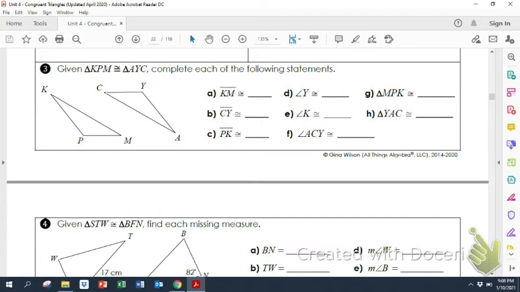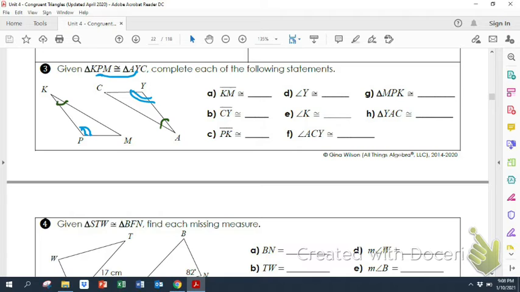So what I'm going to do is go ahead. You don't have to do this if you know to just look and see how the letters rearrange, but if you want, you could go ahead and determine the congruency and label it as such. So I know that angle K is congruent to angle A, and I know that angle P, I'm going to give it 2 lines, angle P is congruent to angle Y, and I can also see that from the way the letters are.